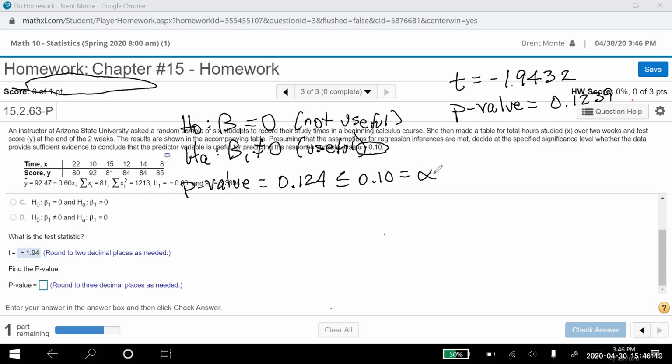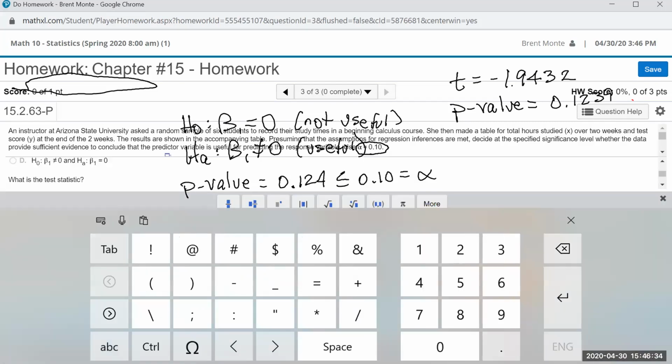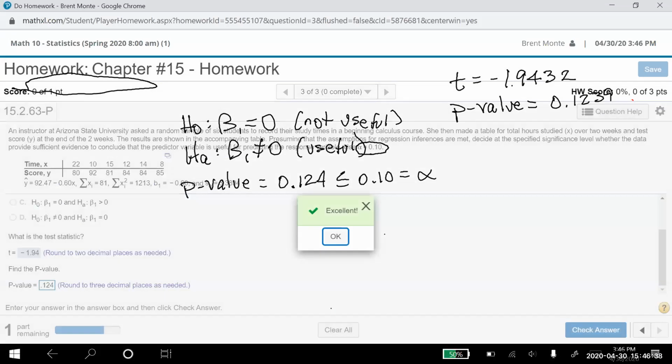That's my significance level. We'll go back to that in a second. Let's put in the p-value. So the p-value, open up my keyboard again, 0.124. Got the right answer there.